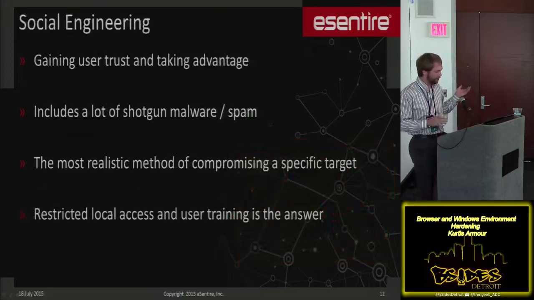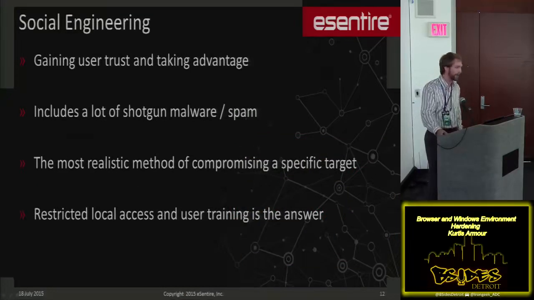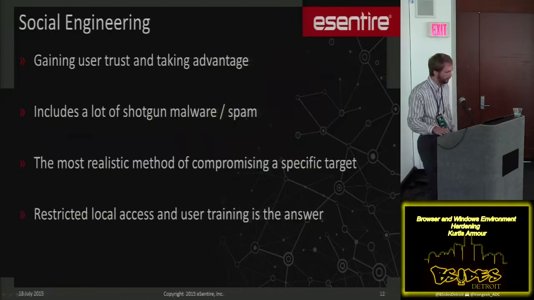And obviously social engineering. This has always been a problem: gaining users' trust and taking advantage of them. We see a lot of shotgun malware and spam, just a lot of spam campaigns going on. It's not specific to targeting a specific firm. It's just sending it out, trying to drop ransomware, trying to collect on the money and the hosts that you've compromised.